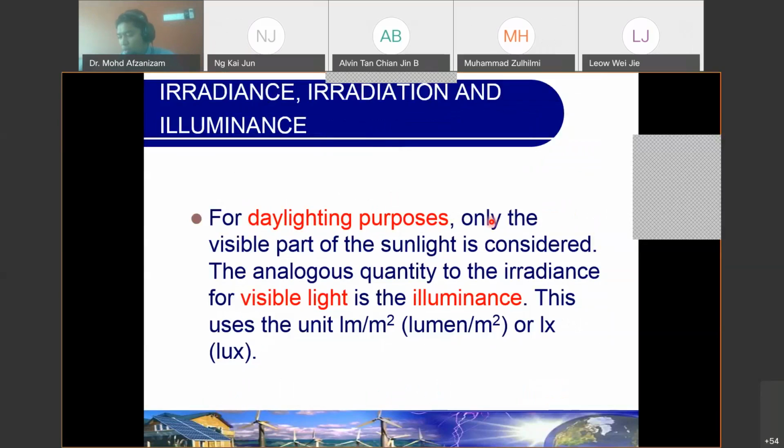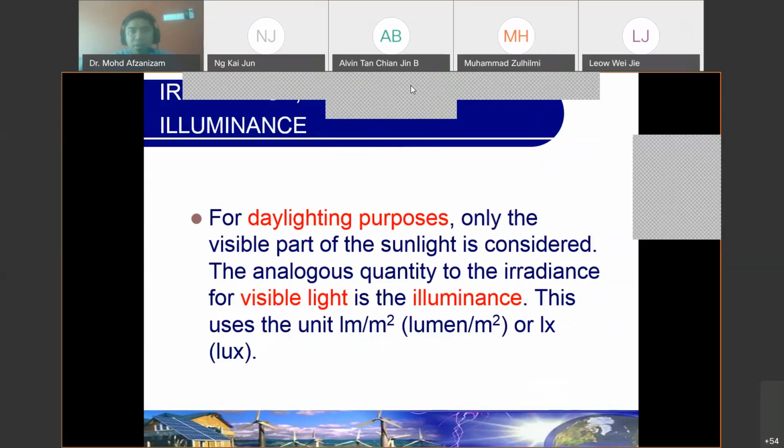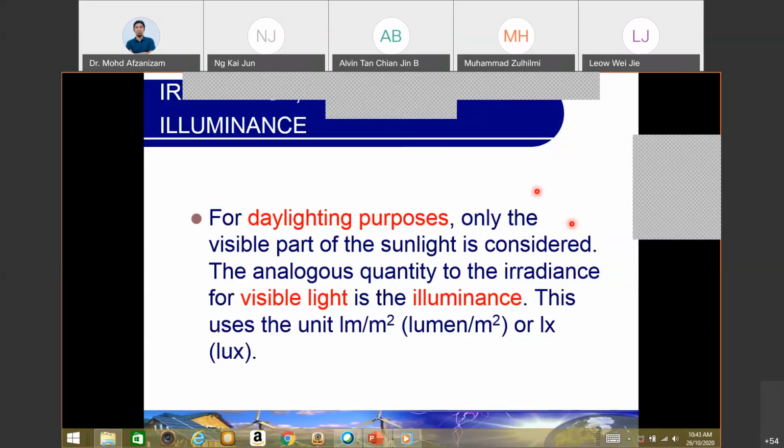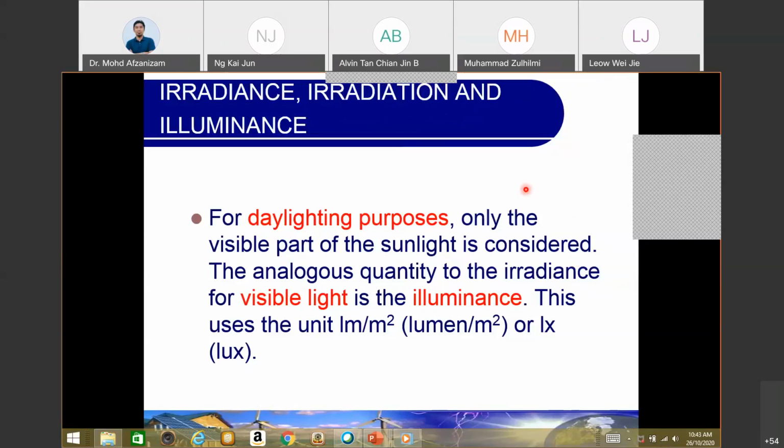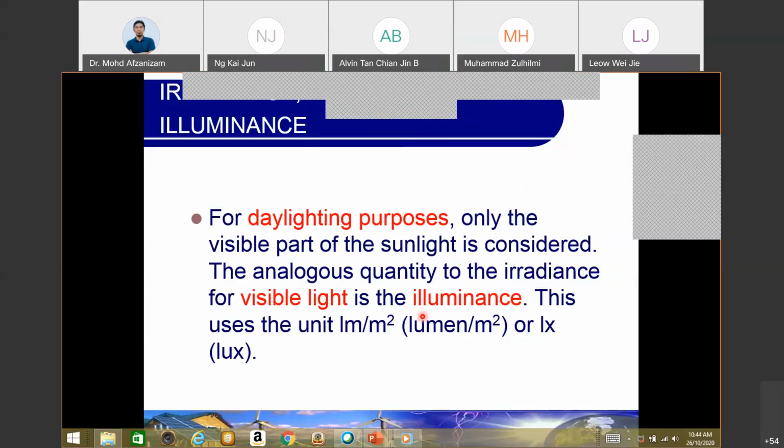This is a sample of the lux meter. I gave it via our WhatsApp group, so that you can install it yourself to check the lux in your house or in your room.